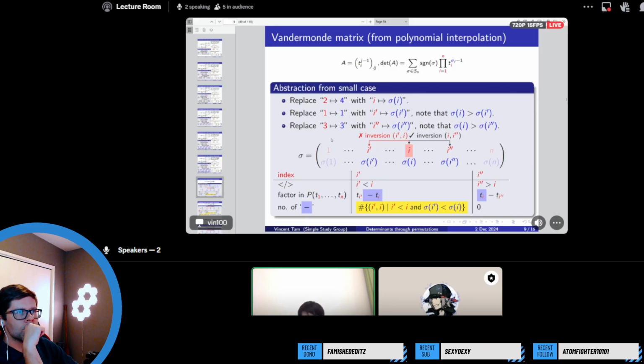So we are trying to make some generalization or abstraction from this little observation. Here we are fixing a sigma, because sigma goes first in the definition of determinant.